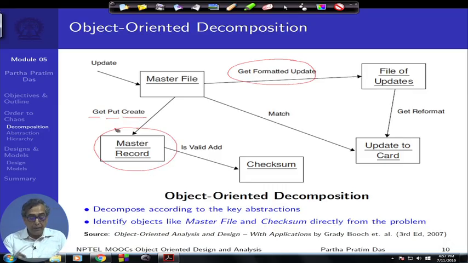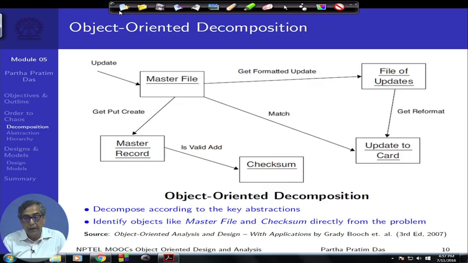So, the view has become completely different. There is no specific get formatted update functionality and the breakdown of that, rather that gets distributed in terms of a number of different objects, and those objects are identified directly from the problem domain, where we find that these are the terms, these are the vocabulary that the problem domain is dealing with.